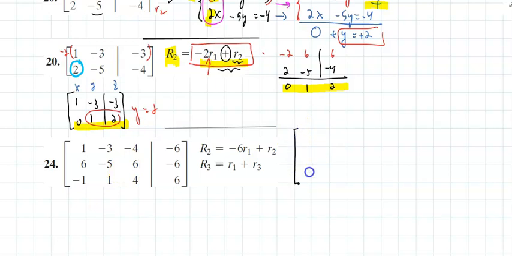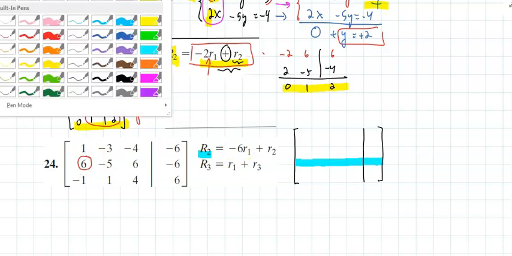They would like me to perform the following operations. Row 2. When they say put in row 2, they're talking about this row. And notice what we want. We would like this to become a 0, and we would like for this to become a 0.